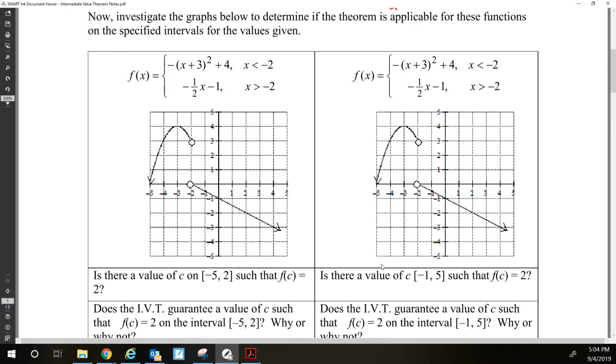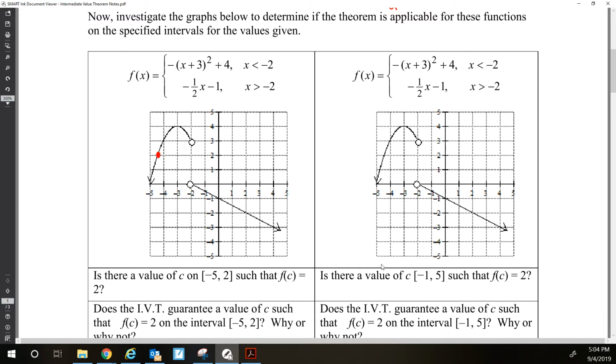So first, for this piecewise function, it says, is there a value of C on the interval from -5 to 2 such that f of C is equal to 2? So is there some point where y is equal to 2? Yes, right there.